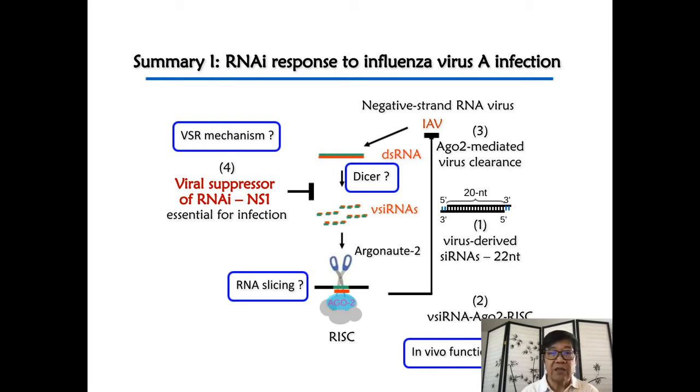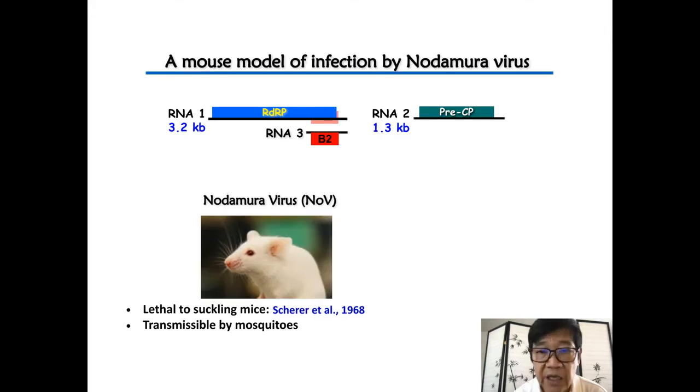Does interferon signaling inhibit the production or the antiviral activity of viral siRNAs, as suggested by studies to induce RNAi using artificial long double-stranded RNA? And also, we are not very clear about the mechanism of viral suppressors of RNAi. And most importantly, is the RNAi response active in vivo? We have addressed most of these questions in a mouse model of infection by Nodamura virus.